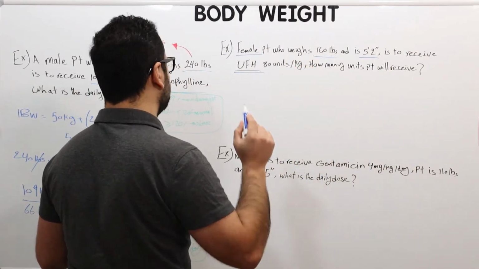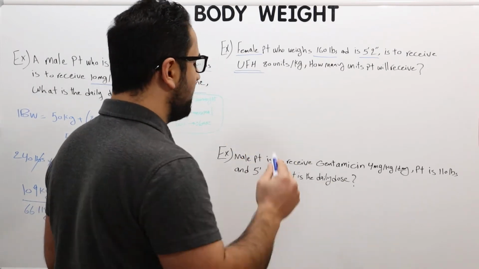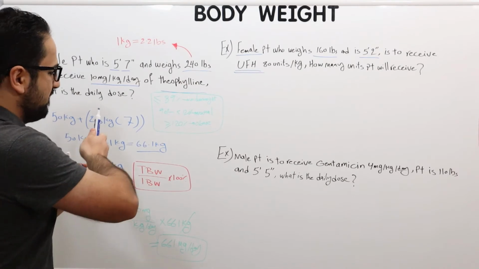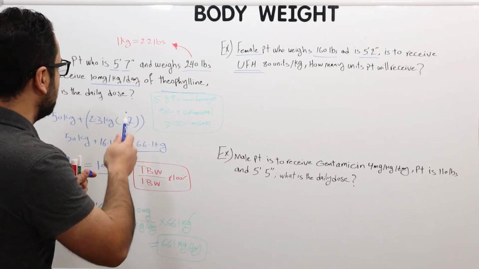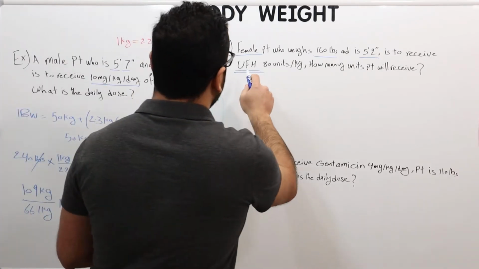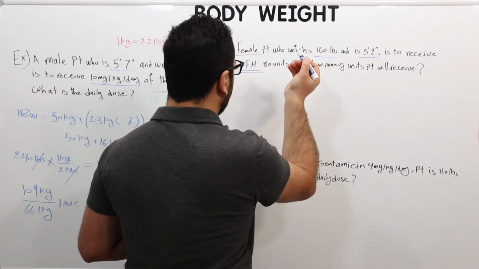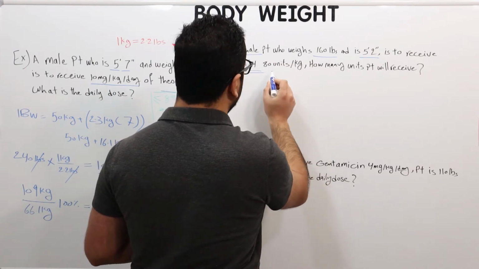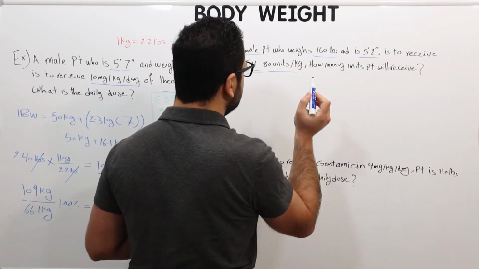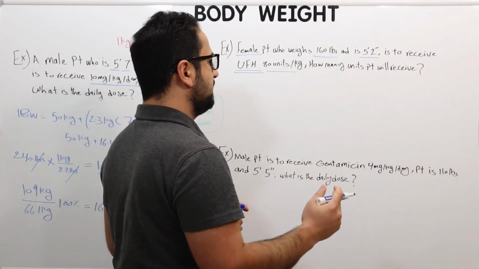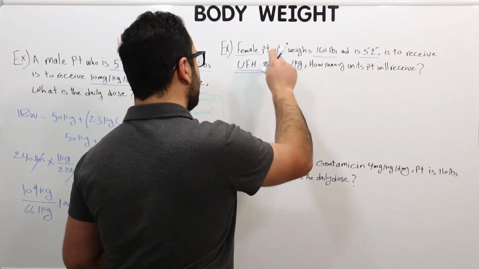Very important to keep in mind what the medication in the question is, because things could be different, just like we had over here. Instead of adjusted body weight, we end up using the ideal body weight. So we have unfractionated heparin, and it looks like we're doing a bolus dose, so 80 units per kilogram. This is the dose. How many units will the patient receive?